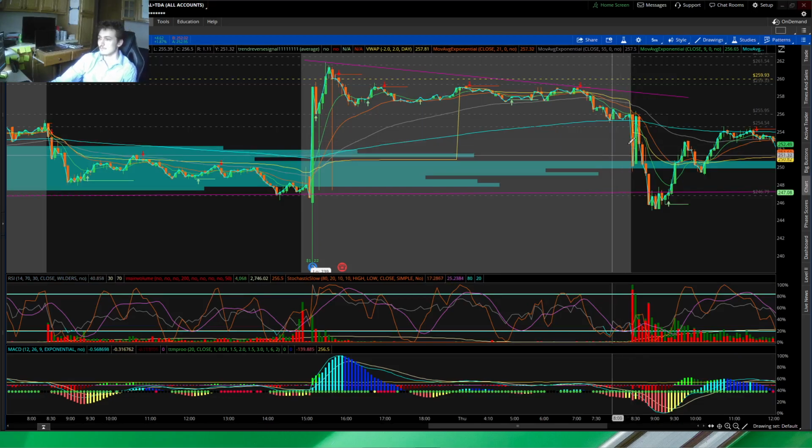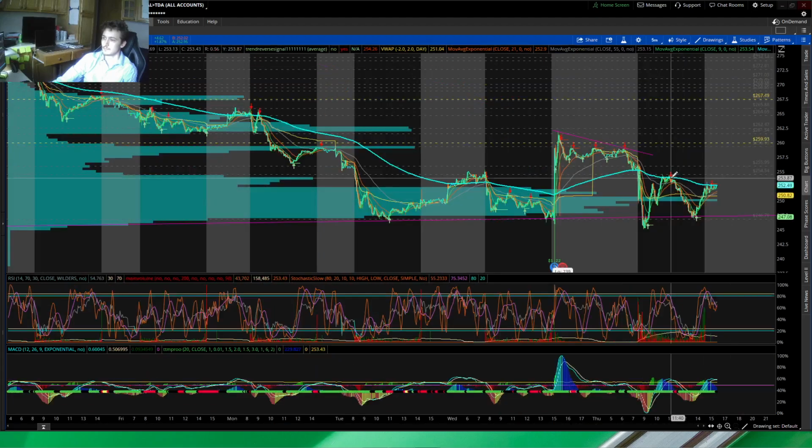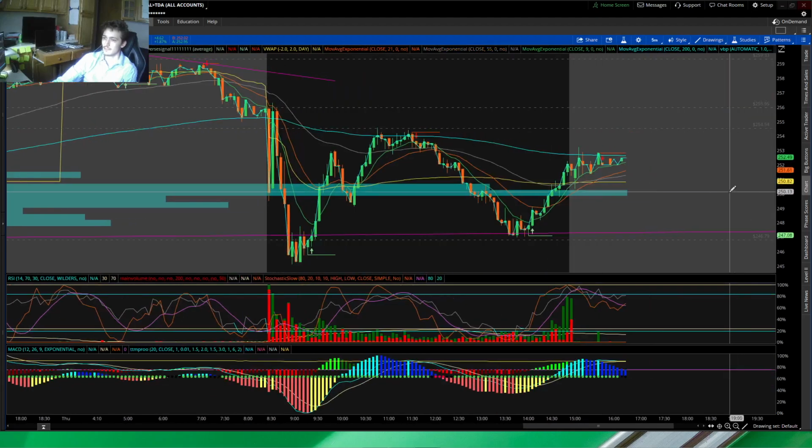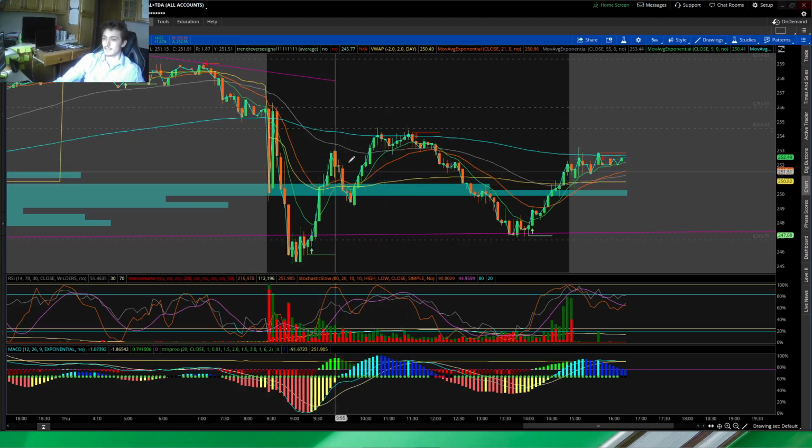You want to have multiple time frames open when you're trading, definitely, because you really want to let your runners run. You don't want to sell too early. It's not about how many trades you get into, it's about the quality of the trade that you're in and making it last until it's really time to get out, and not getting out too early.